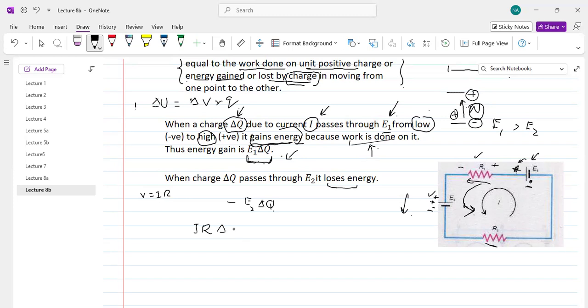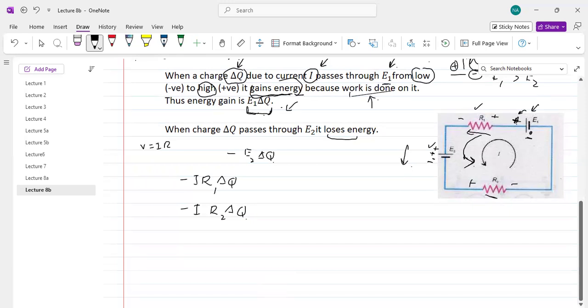And the charge flowing is delta Q. So we can write that the energy loss in traversing the charge through R1 is I R1 delta Q. Similarly, for R2, this is again I R2 delta Q, and this will be negative.